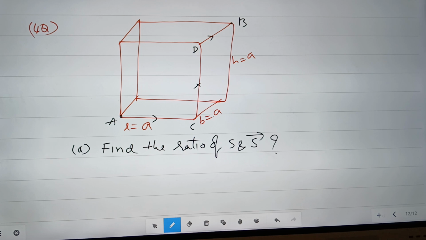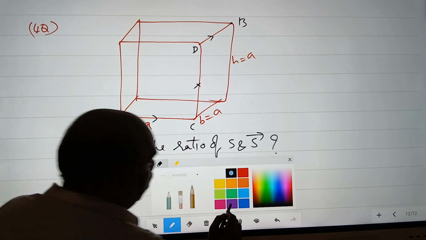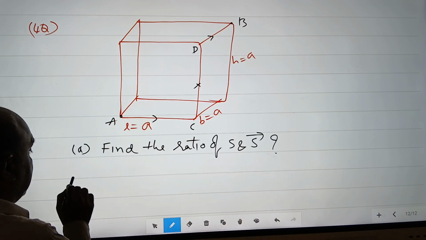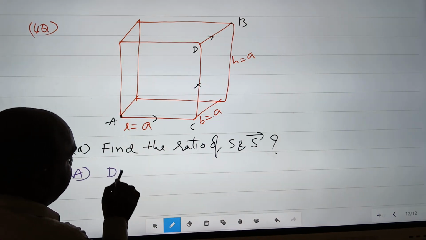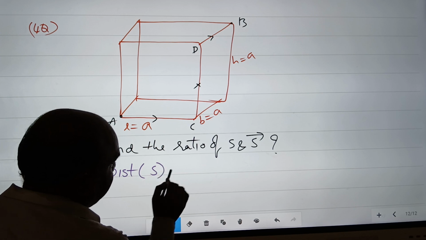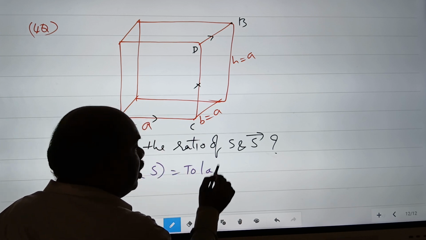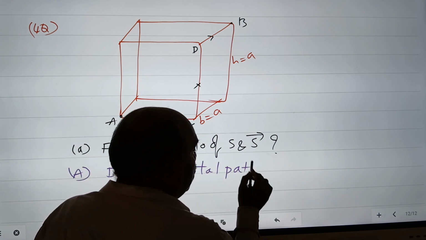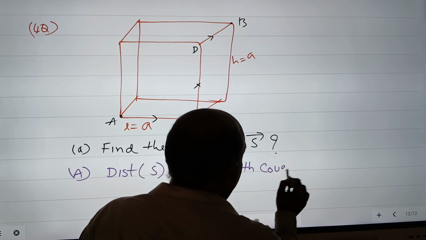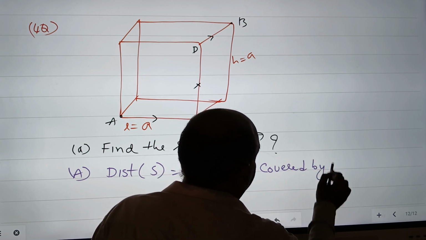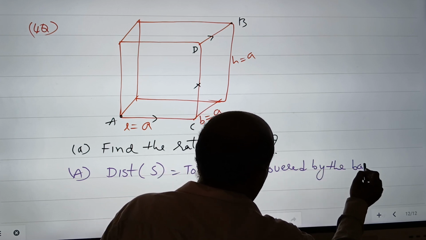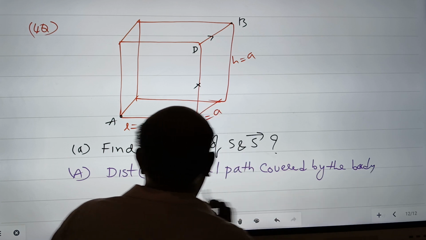What is distance? Distance is the total path covered by the body. Distance is denoted by S. What is the total path?